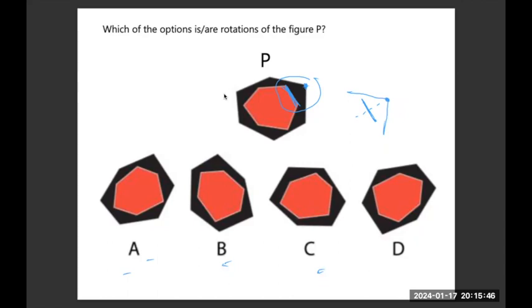For instance, in case of option C, I am getting a condition which looks something like this. In case of option D, I am getting a condition which actually looks something like this for that same part. In case of B, I am getting a condition which actually, 1 second, where exactly it is. Yeah, here.